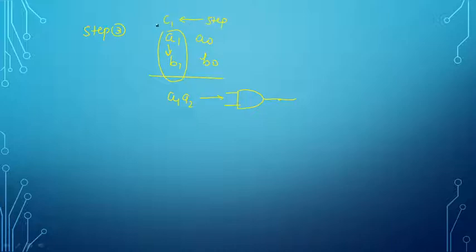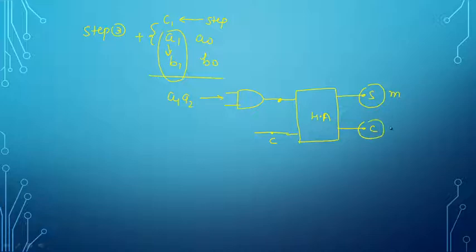We have to add this carry to the multiplication result, so to add it we require another half adder, and the result will be sum and carry. This sum is the third bit of the multiplication result, and this carry is the last bit of the multiplication result, M3 and M2.